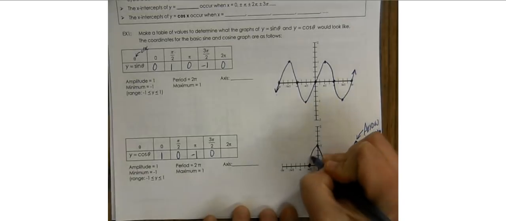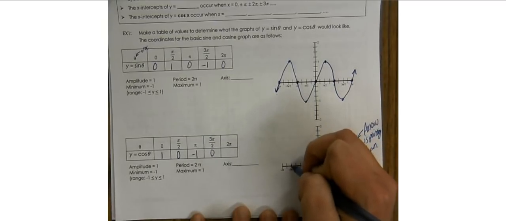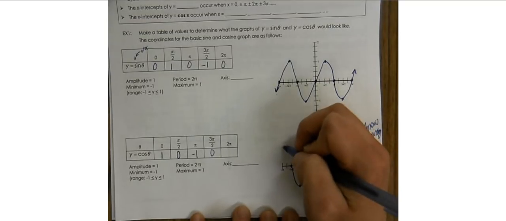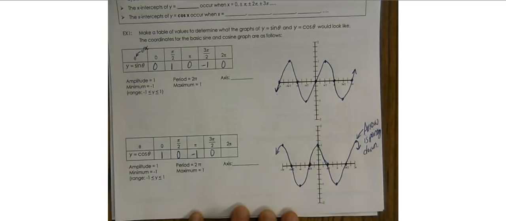So continuing on with this pattern, at negative pi over 2, cosine is going to be down here at 0. At negative pi, cosine is negative 1. At negative 3 pi over 2, cosine is 0. And then at negative 2 pi, cosine is positive 1. It reaches that maximum and goes right back down. So you have to make sure that you watch your end behavior.